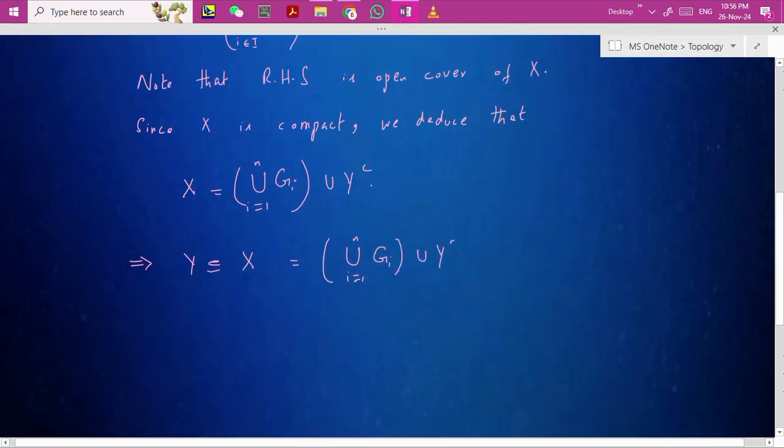Since Y is a subset of X, this implies that Y is a subset of this expression.